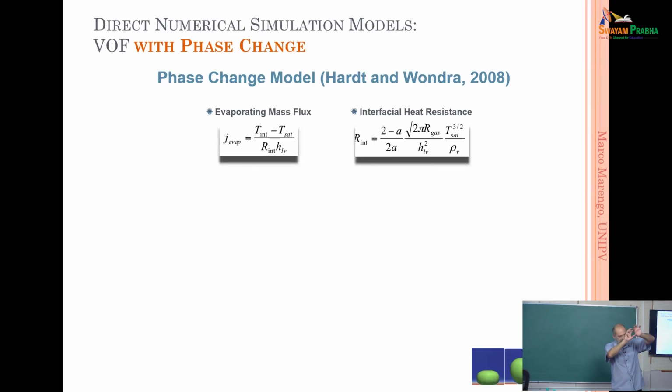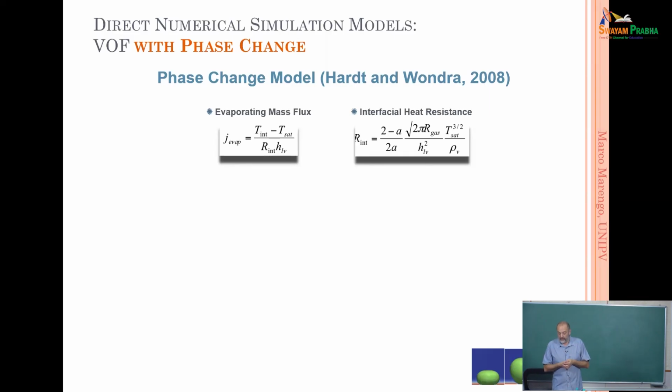We have cells where we have something in between, and they have a temperature, because OpenFOAM is a finite volume method, so in all the volumes we have a temperature. So this is the interface temperature minus the saturation temperature. So we are not considering metastable conditions. This is another point. We are in equilibrium, not metastable. We are considering the saturation temperature. We are not going inside the two-phase region of the T-S diagram.